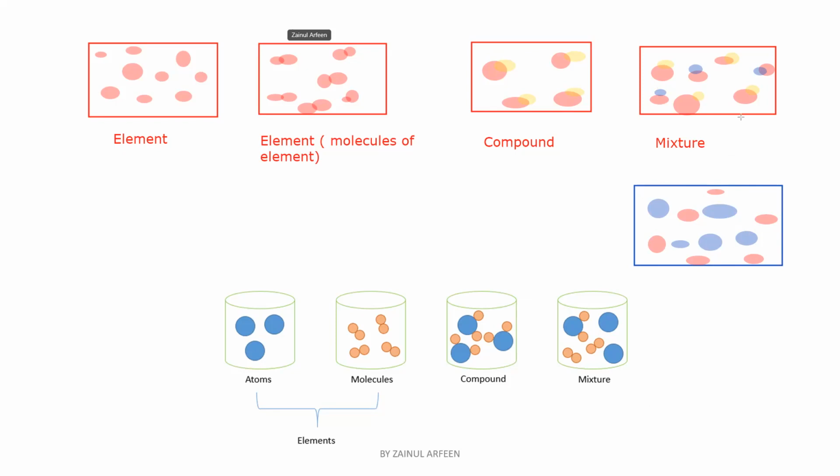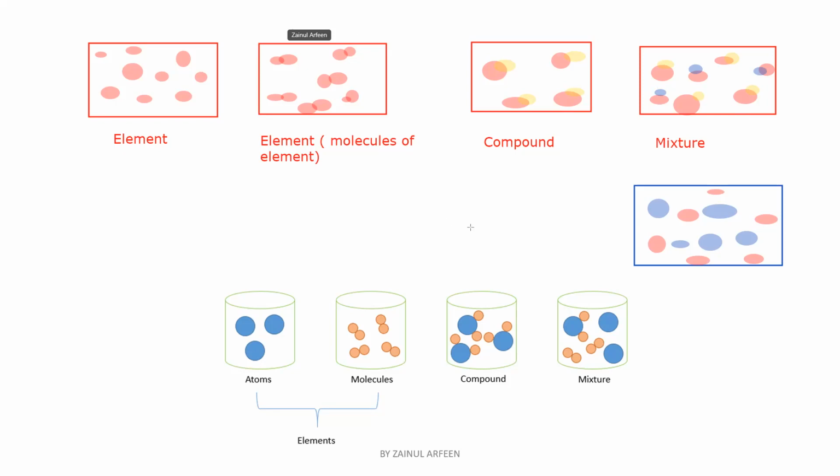Is it an element? Is the substance an element, mixture, or compound? To be a compound, there's a chemical combination.